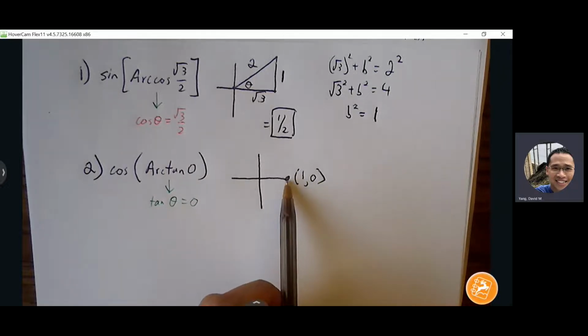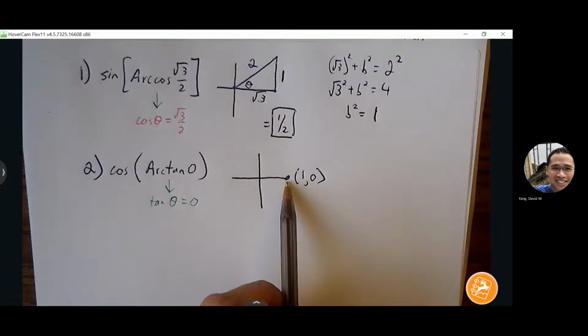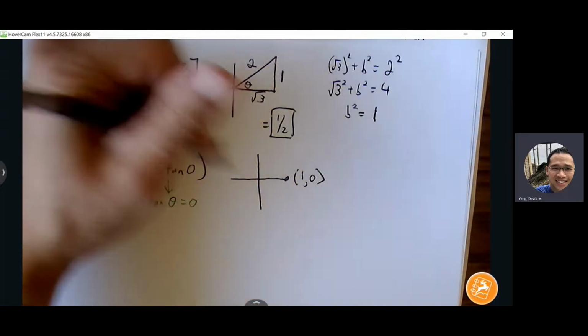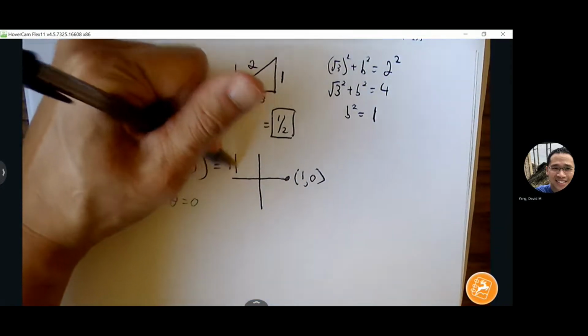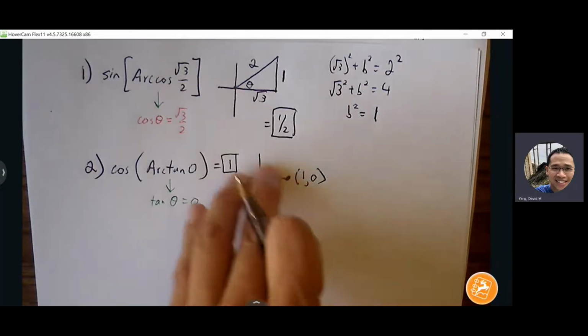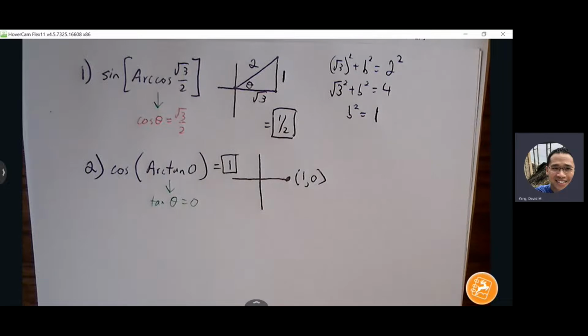So what's the cosine here then? Just 1, right? Does that make sense? So here we didn't have to draw a triangle because it was living on one of the axes.